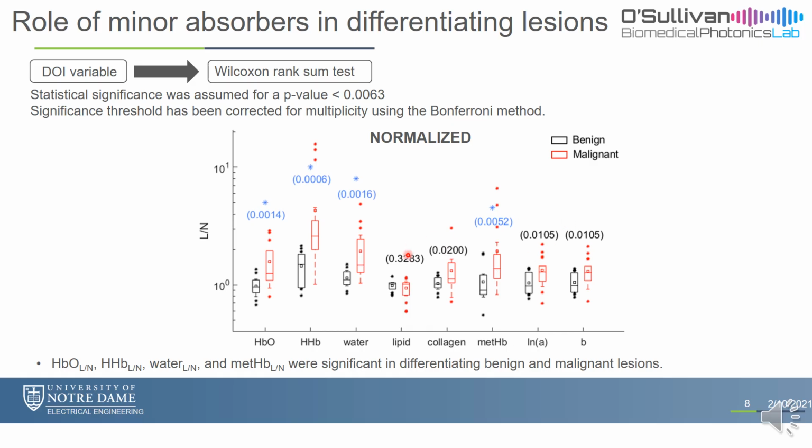Those p-values which fall below the threshold, which are significant, are written out in blue with an asterisk on top of it. So in all of these normalized variables, we found that four variables showed significance in separating benign and malignant lesions, and those were oxyhemoglobin, deoxyhemoglobin, water, and methemoglobin.